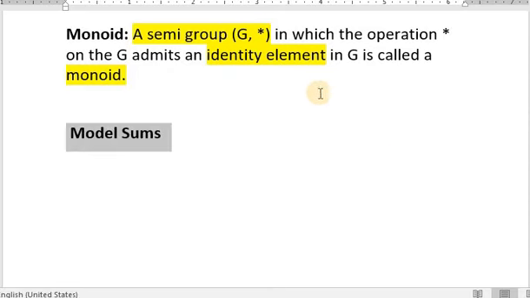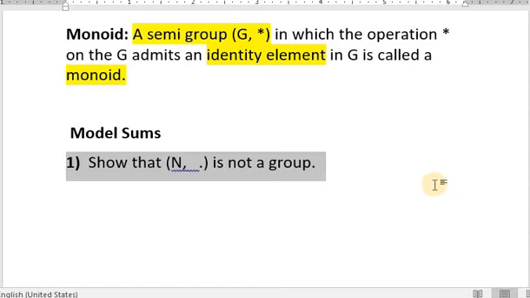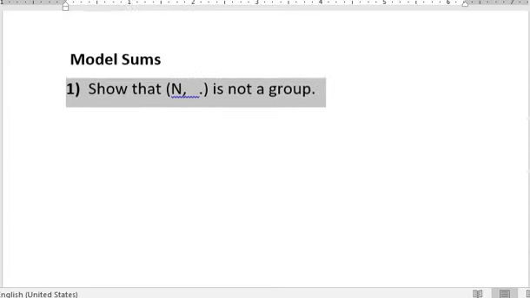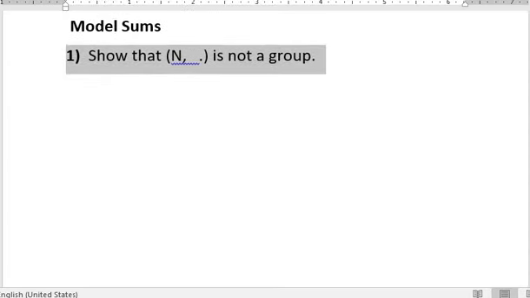Then let us work out a few problems based on groups.